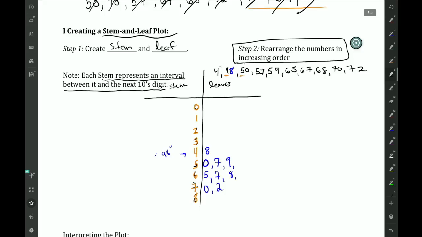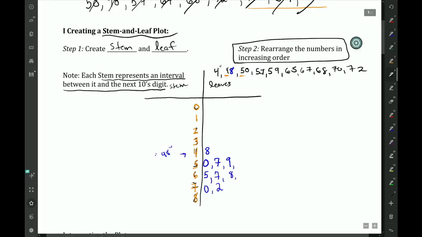This number 4 has no first digit technically, so it would really be 04, and it falls right into the 0 stem. Okay, that is the basic stem and leaf plot.